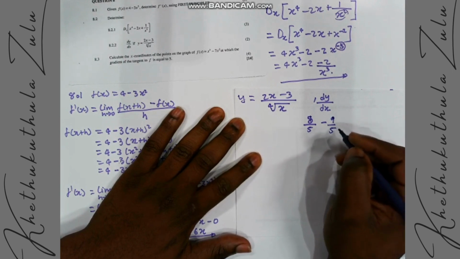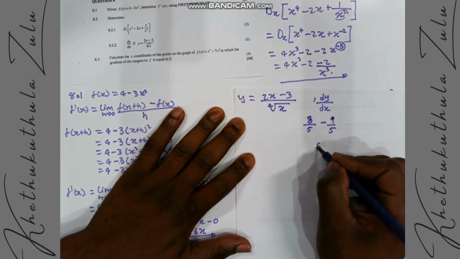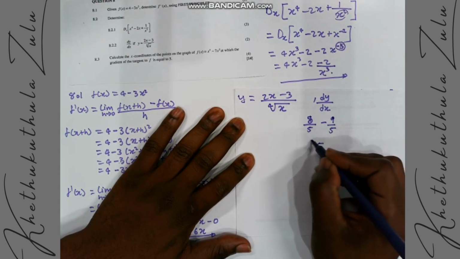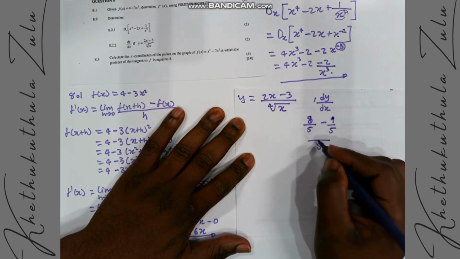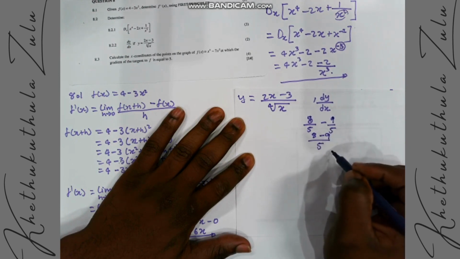Right, now how do we minus these fractions? Minus fractions by taking the denominator of a fraction, since those denominators are the same, and then you minus what? The numerators, by just saying 8 minus 9, like this.